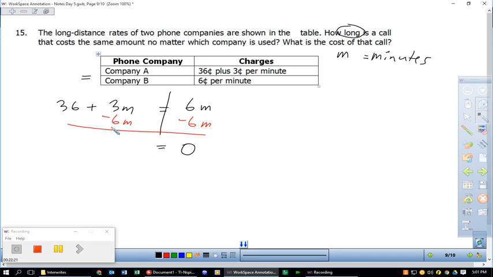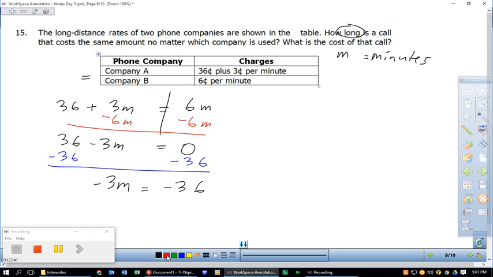So I get 36 minus 3m. Now, since I want m by itself, I'm going to have to subtract 36 from both sides, which will give me negative 3m, watch out for that negative sign, equals negative 36, and then dividing by negative 3, I'm going to get m equals 12. So m is 12 minutes.